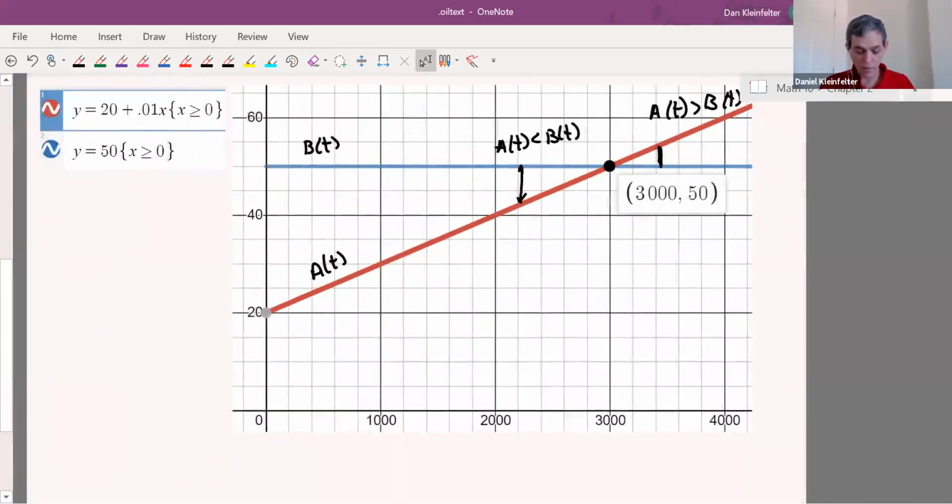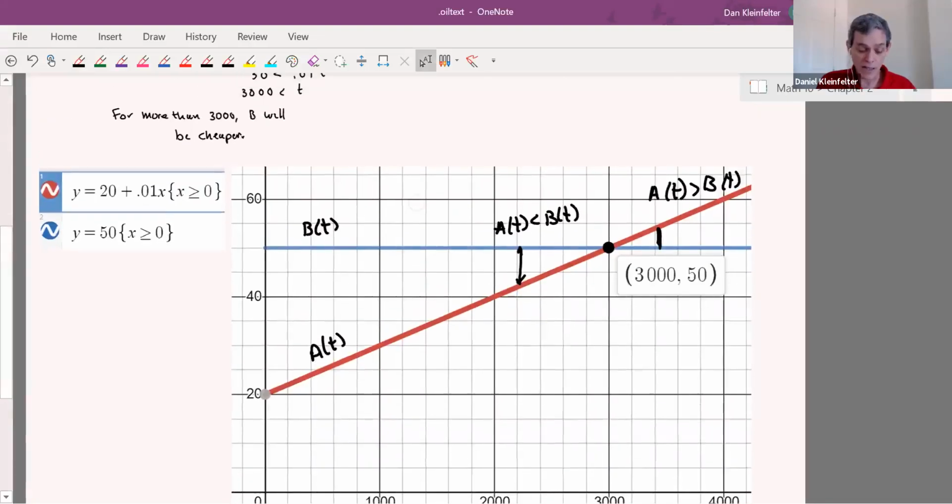A couple of the things I wanted to point out: when you're drawing the graph of something like this on the computer, you'll need to modify the X and Y scaling because they're just so much different values. The vertical scale only goes to 60, the horizontal scale goes out to 4,000. So if you just draw this and don't adjust the axes, the lines will look practically coincident.